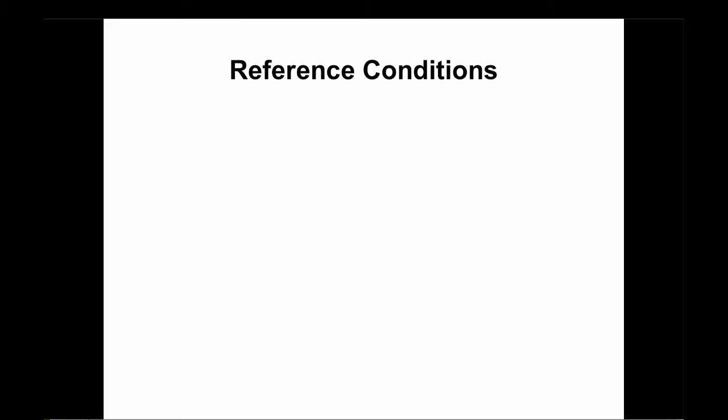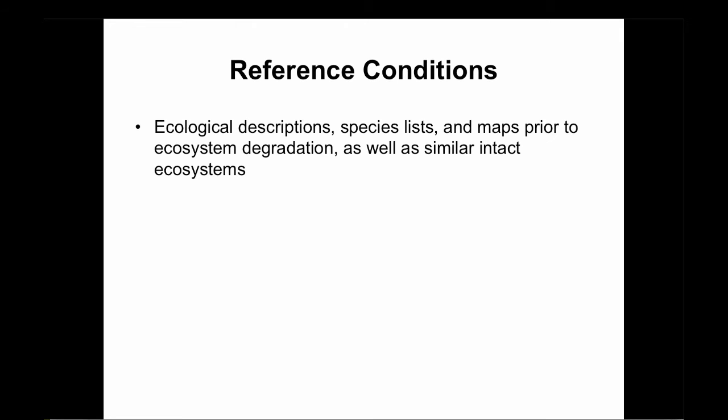And in some areas where these ecosystems are the center of other restoration activities, this may have already been done for you. So what are some of these other sources? Well, one would be basic ecological descriptions and species lists and maps prior to the ecosystem degradation or disturbance, as well as similar intact ecosystems that may be nearby. A good example of this that we're studying here at OARDC is an example of a tornado that happened almost 5 years ago that impacted part of the Secrest Arboretum.